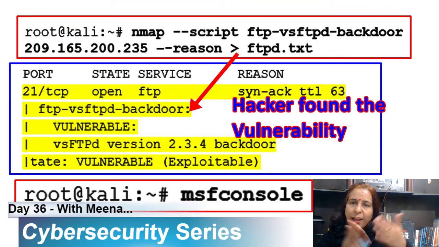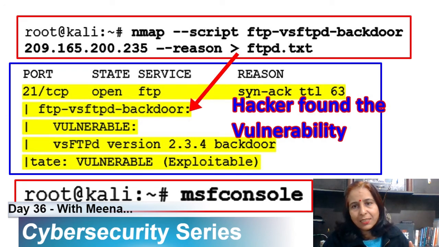With the help of the nmap command, he tried to find out whether any vulnerability related to FTP exists, and stored whatever output nmap received, saved in ftpd.txt. Then you can see here the hacker found the vulnerability related to FTP.